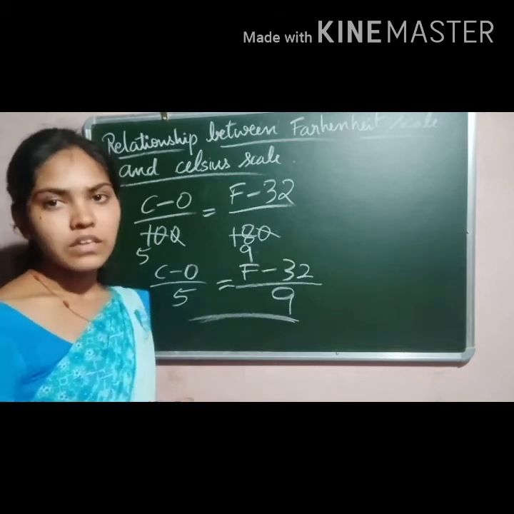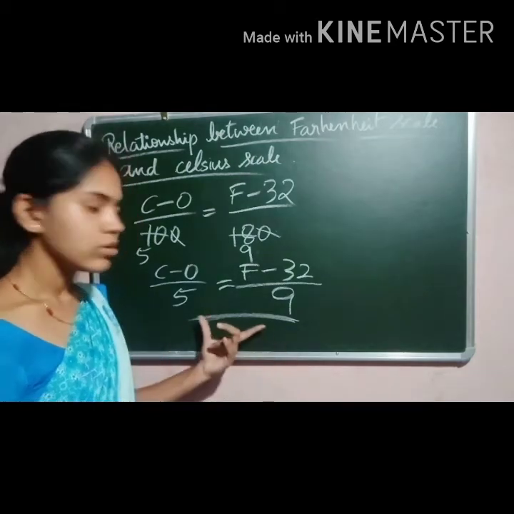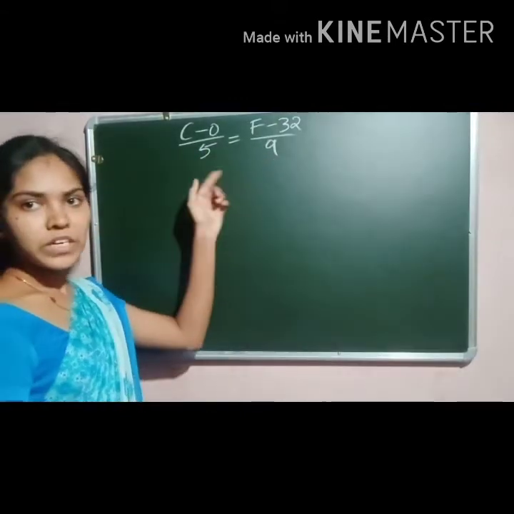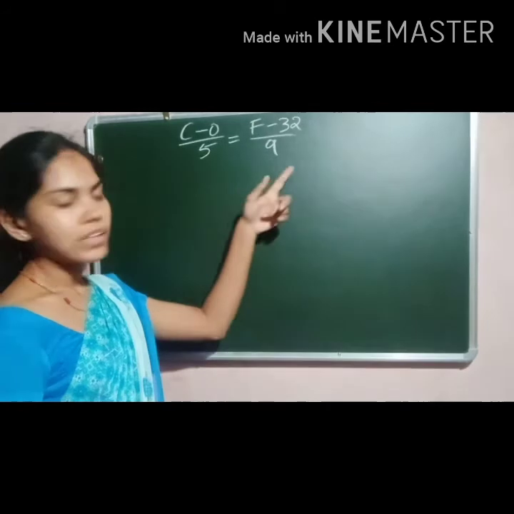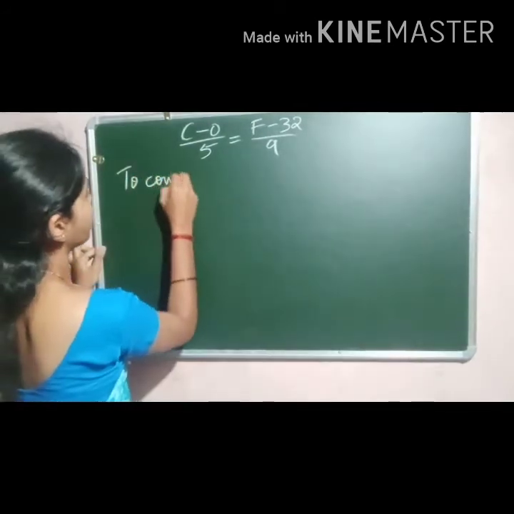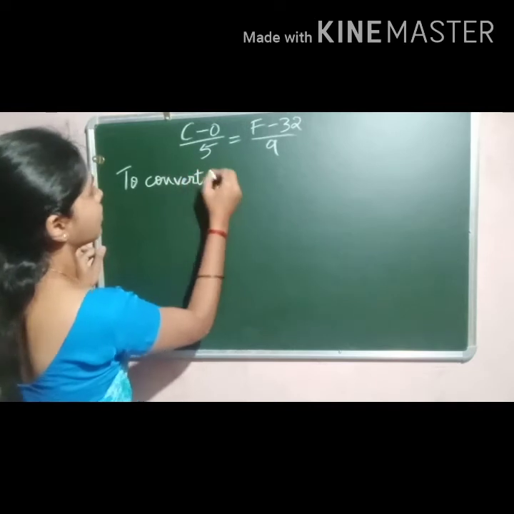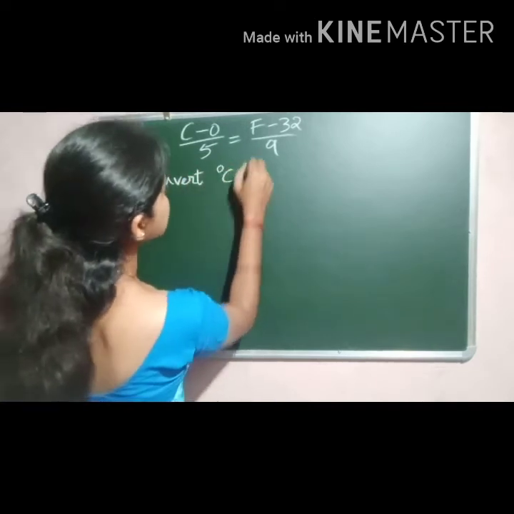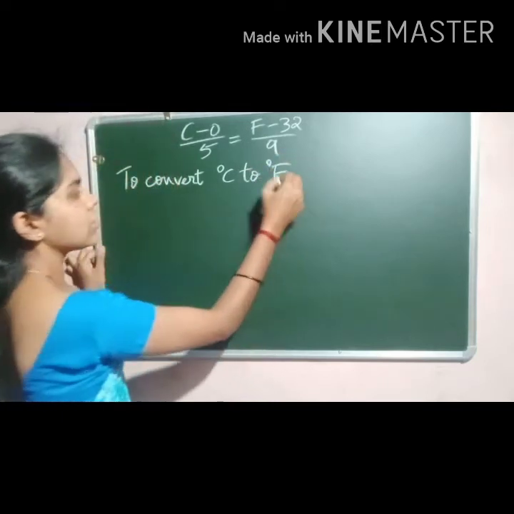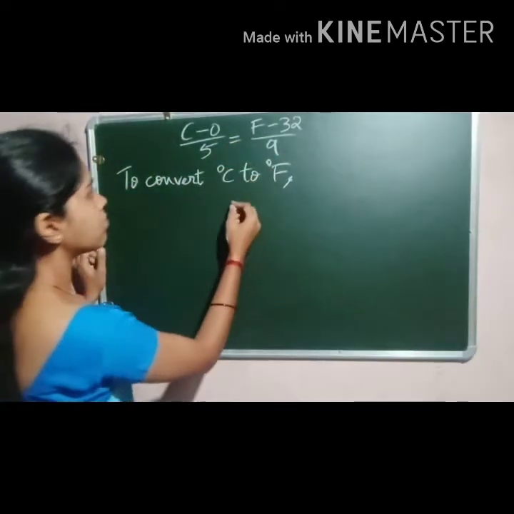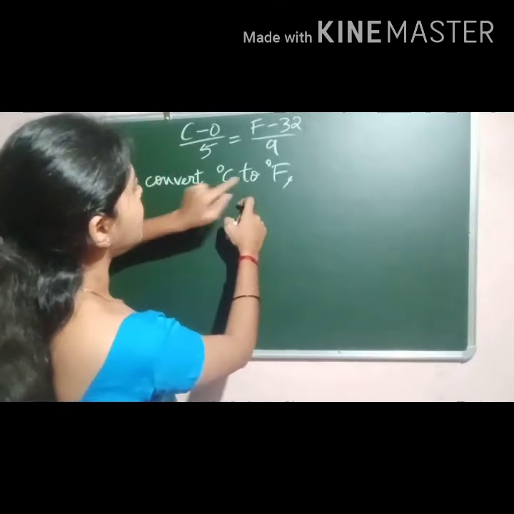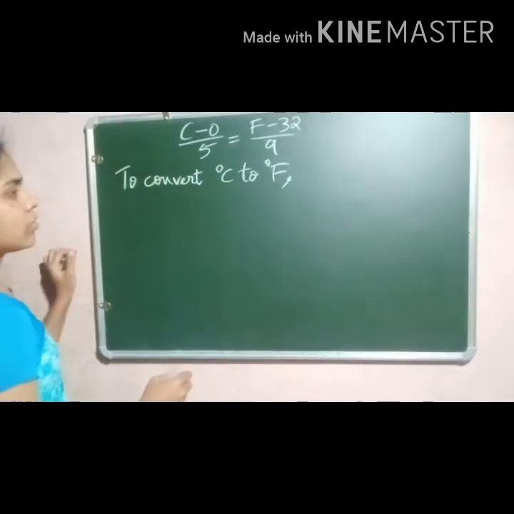Now let us solve problems by using this formula. So this is the relationship between the Celsius scale and the Fahrenheit scale. Okay, to convert degrees Celsius to Fahrenheit, we can derive the formula from this. How? To convert Celsius to Fahrenheit, what is the formula?